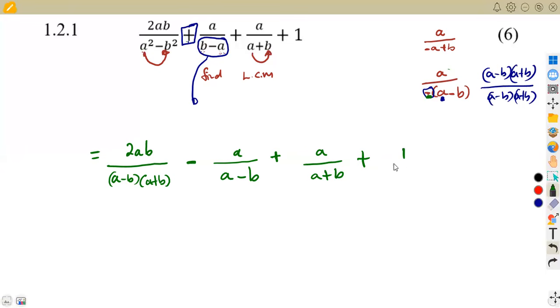So this was going to be 1 over 1 as a fraction, just like the others we put as fractions. So now we can find the LCM.